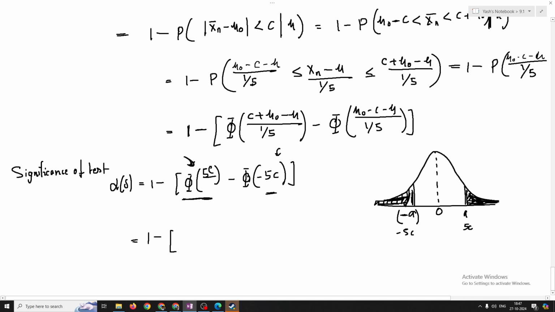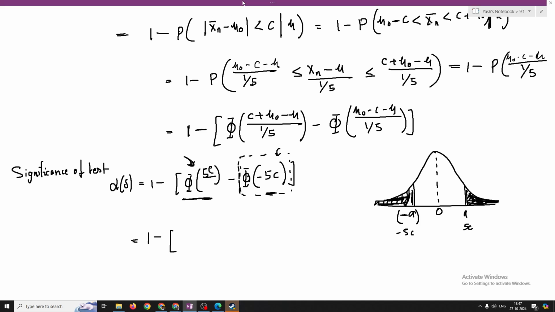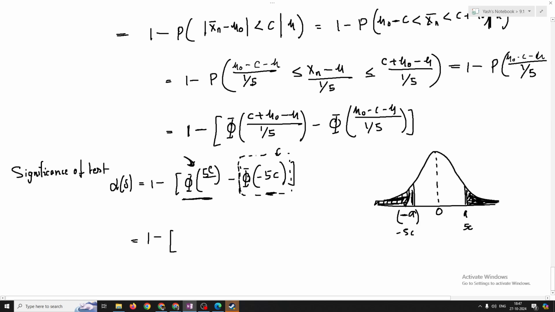So this thing denotes this. Okay, so let's use different colors. This thing right here represents this area, and this thing here represents this entire area.